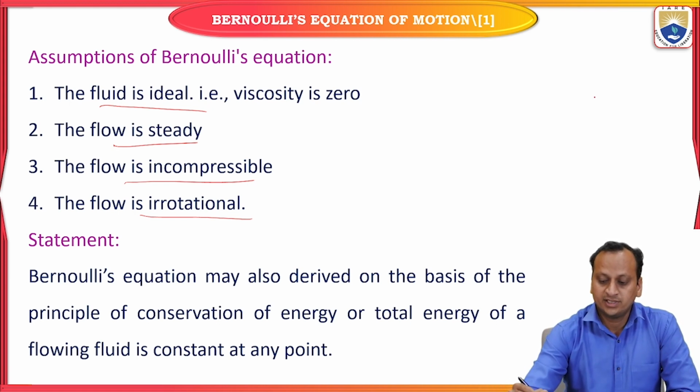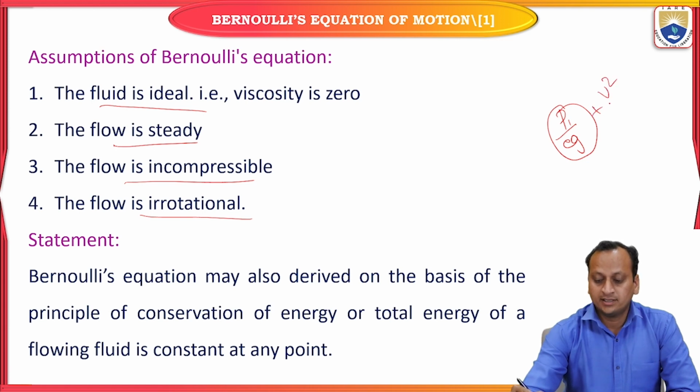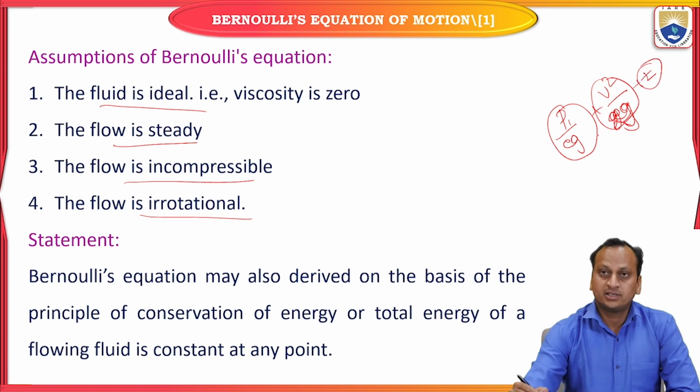The total energy means the pressure energy, P by rho g, plus the kinetic energy, V square by 2g, plus Z. This is nothing but the total energy.